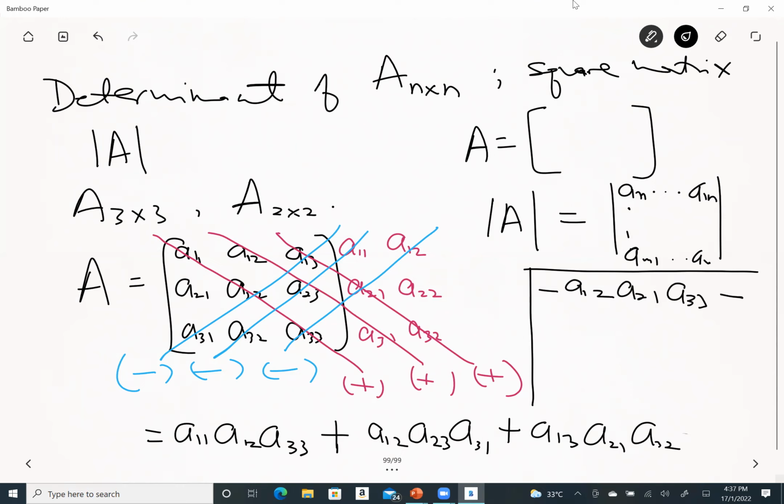So that operation gives you the determinant.